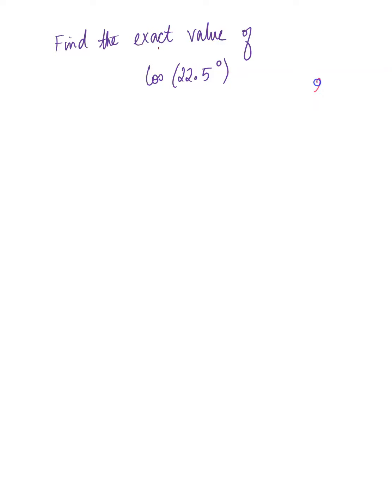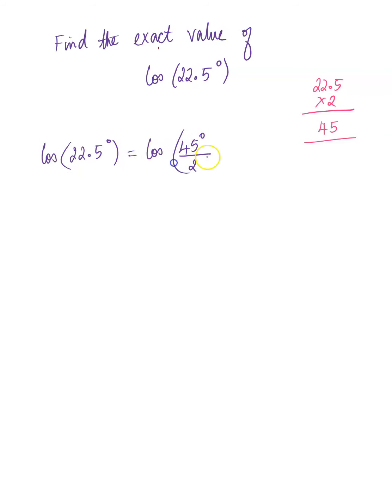So by the side, do 22.5 times 2, and you see that that comes out as 45. So why not rewrite cosine 22.5 degrees as cosine 45 degrees over 2?